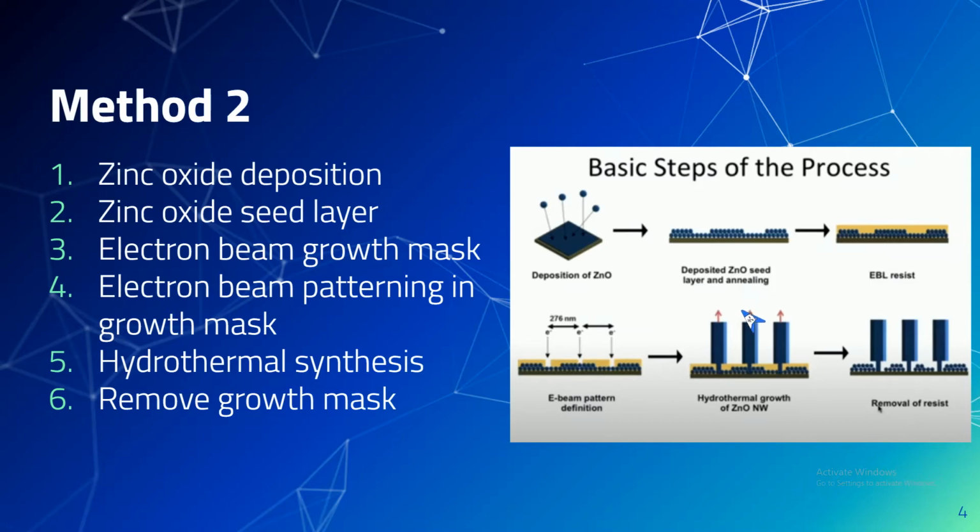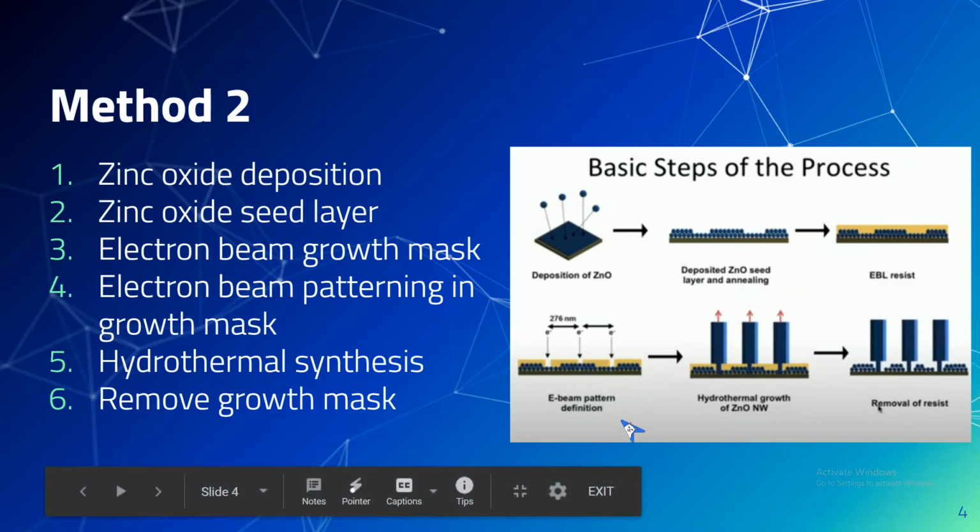The fourth step we have here is going to be an electron beam patterning within the growth mask. And so what happens in this step is that holes are created within the growth mask, as you can see here. And these holes expose the underlying seed layer, and they serve as a template for the nanowires to form out of in later steps.